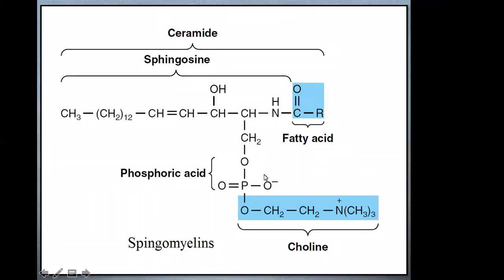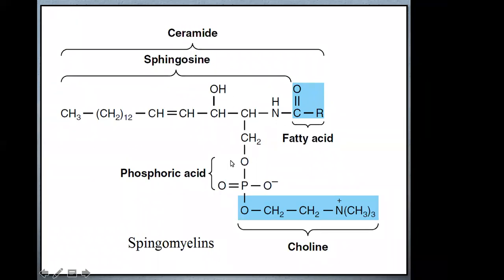Please remember the difference between sphingosine and ceramide: ceramide is composed of sphingosine plus fatty acid. This will be the answer.